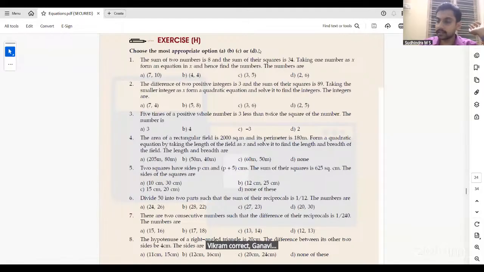Ganavi correct. Pranav Pai correct. Nandita correct.